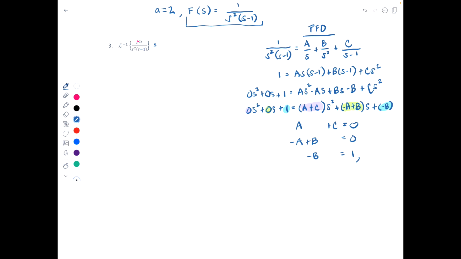So from that last one, we know b is negative 1. So then negative 1 would have to equal a for that to be true, right? Because we have negative a plus b is 0. And then we need a plus c to be 0. And so if a is negative 1, c has to equal 1.